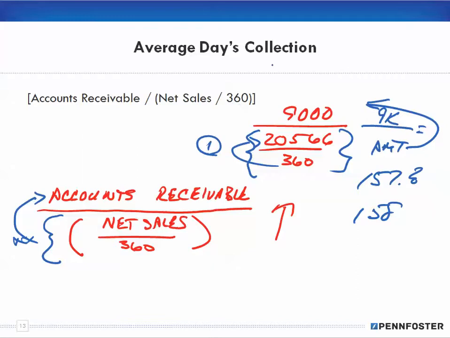And since we're talking about collection, we're waiting to receive our accounts receivable. So we're going to take that figure and divide that into our accounts receivable in order to know, on our receivable side, what the average days collection is. Hope that made sense.